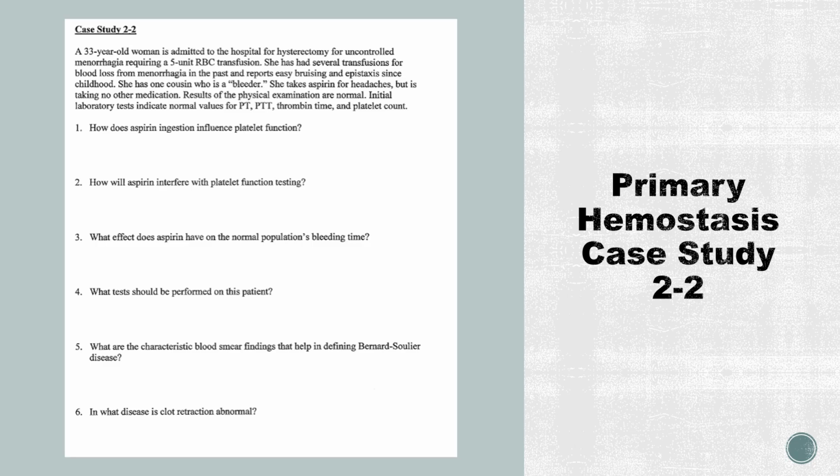She has one cousin who is a bleeder, and she takes aspirin for headaches, but is taking no other medication. Results of the physical examination are normal. Initial laboratory tests indicate normal values for the PT, PTT, thrombin time, and the platelet count.